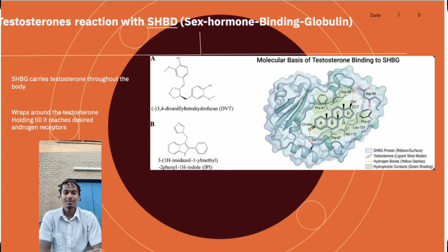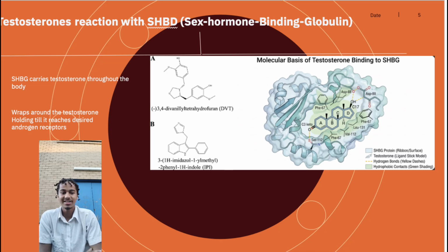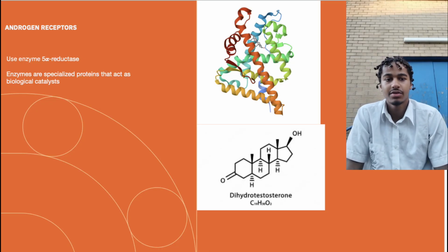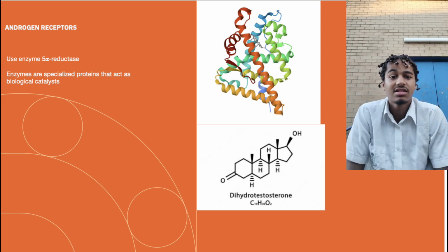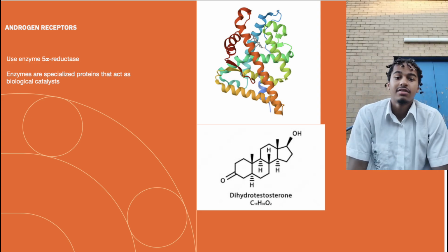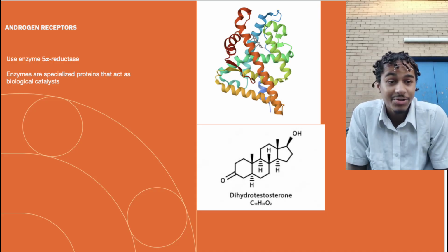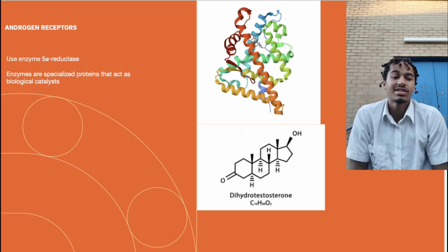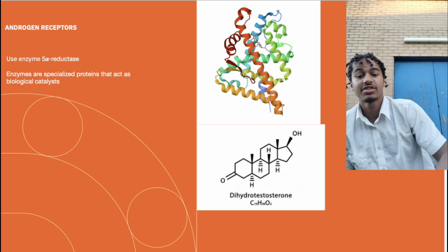When in the bloodstream, testosterone reacts with SHBG, or sex hormone-binding globulin, in a high-affinity, non-covalent bond. SHBG carries testosterone around the body until it reaches its desired location, the androgen receptor, where testosterone is exposed to the enzyme 5-alpha reductase that reduces the C4-C5 double bond via NADPH-dependent hydrogenation, turning the testosterone into DHT, to fit the androgen receptors better due to the change caused by the saturation.